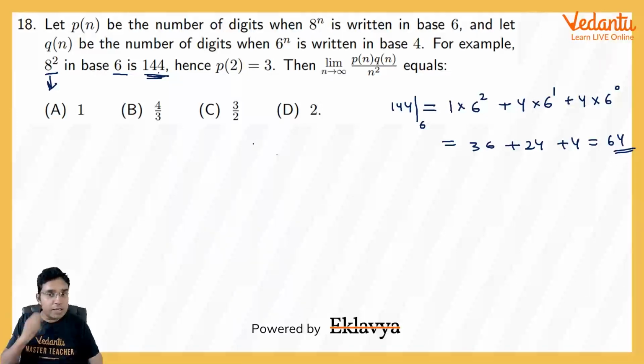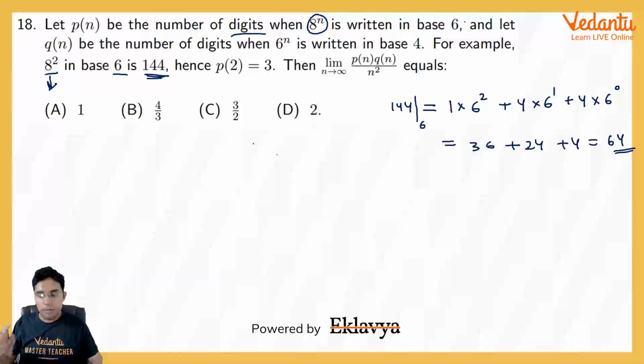Now the question is how to say what will be the number of digits of 8 power n when we are writing this in the base 6. Okay, now please listen carefully. As you can see, 144 was greater than 36, but it was less than 216.